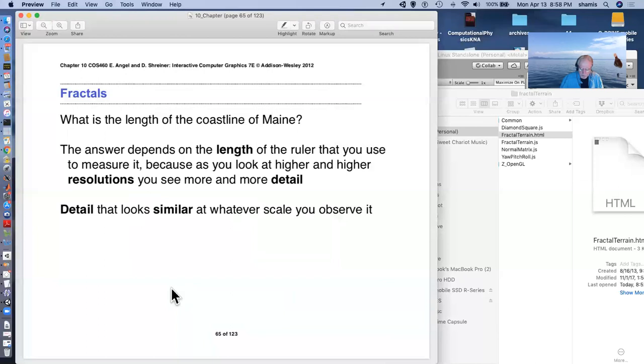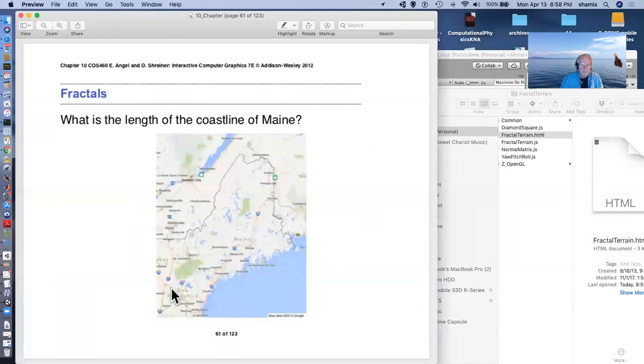Okay, so we might ask the question, what is the length of the coastline of Maine? We put a ruler up along here and we'd say it's 5 inches long, and we'd convert the inches to miles, and we'd have the length of the coastline.